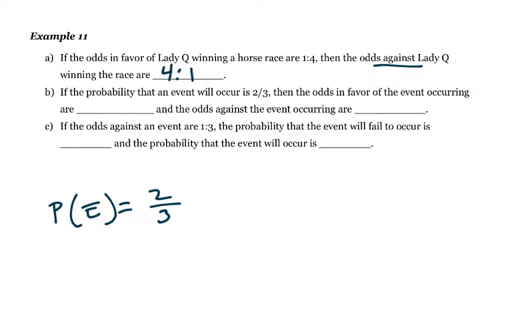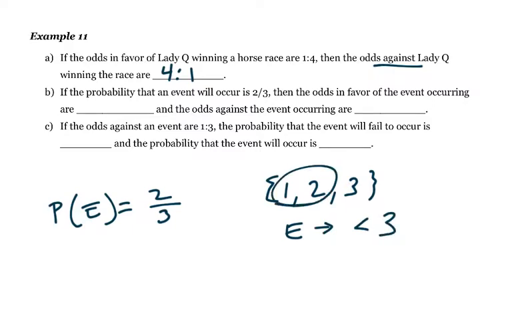So that means, let's say we had 3 slips of paper that were labeled 1, 2, and 3, and our event that we were looking for was a number less than 3. So there are 2 possibilities that would give us a success, and then there's 1 possibility that would not.